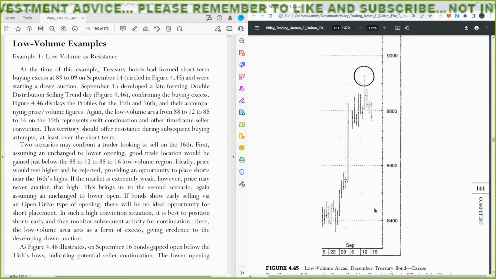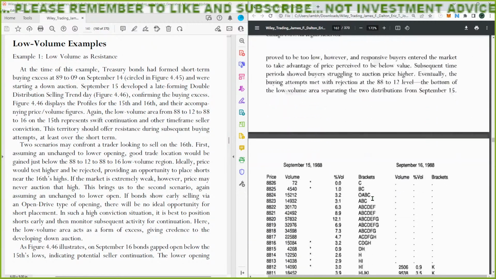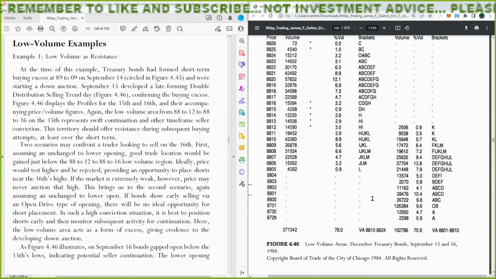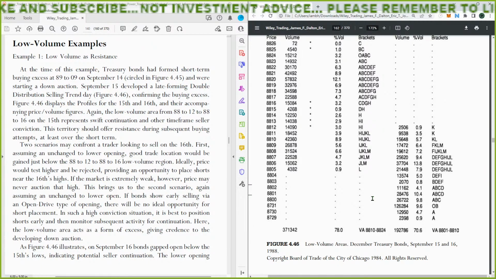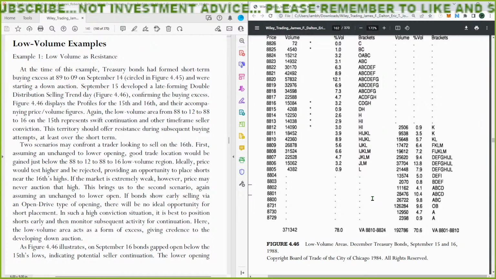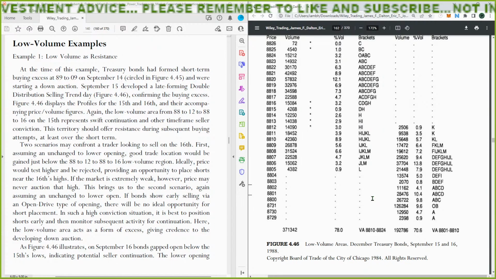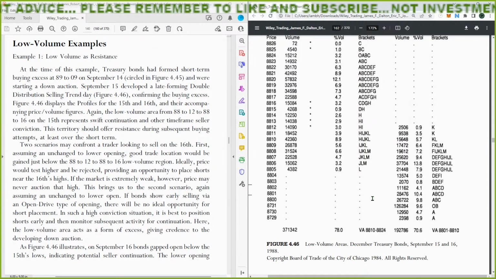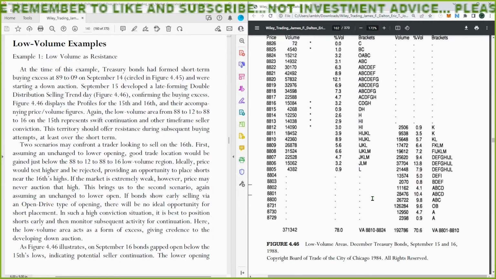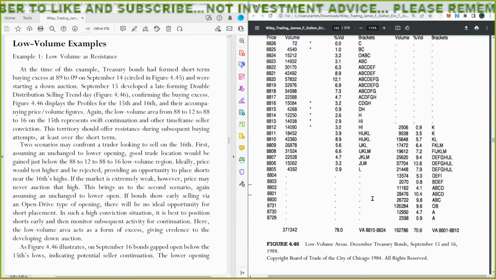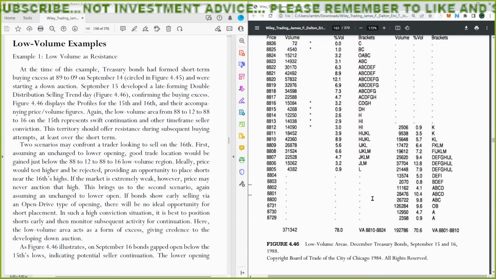September 15th developed a late forming double distribution selling trend day, confirming the buying excess. Figure 4.46 displays the profiles for the 15th and the 16th and their accompanying price/volume figures. Again, the low volume areas from 88-12 to 88-16 on the 15th represent swift continuation and other time frame seller conviction.